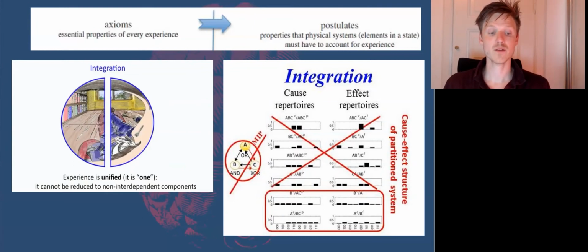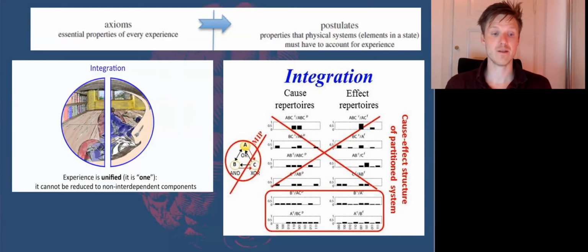So the physical postulate here is that integration makes the system completely irreducible. It also means that if you removed part of the system, even a very small part, the system itself would be completely different, because the system integrates every aspect. And IIT proposes here that integration can actually be measured with a number called phi, which is a way to quantify how integrated the information in the system is.